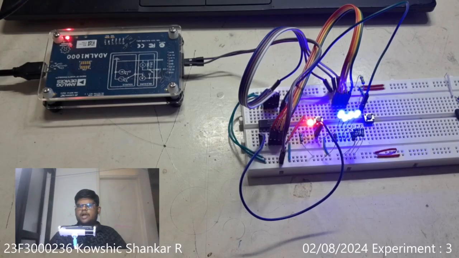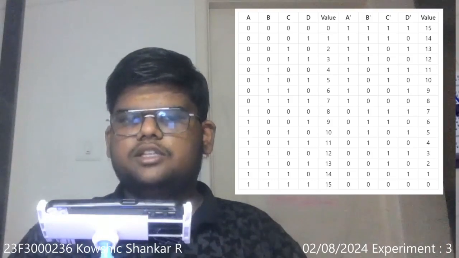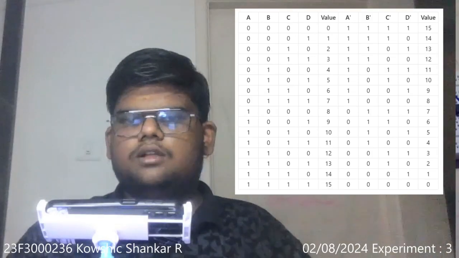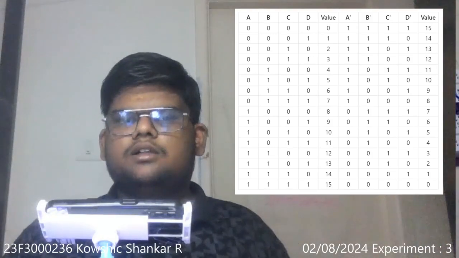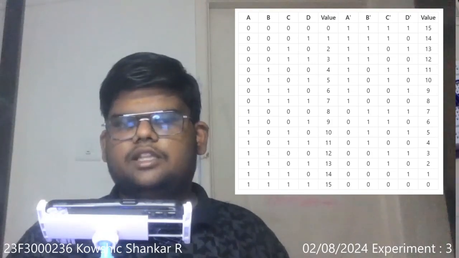Now, as in the problem, we also have to count down from 15 to 0. I am going to use the 74LS04 IC, which is a NOT gate or inverter. It is done because while inverting, the counting seems to be counting down rather than counting up.